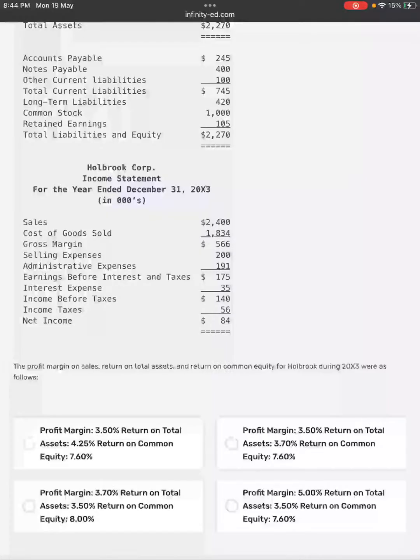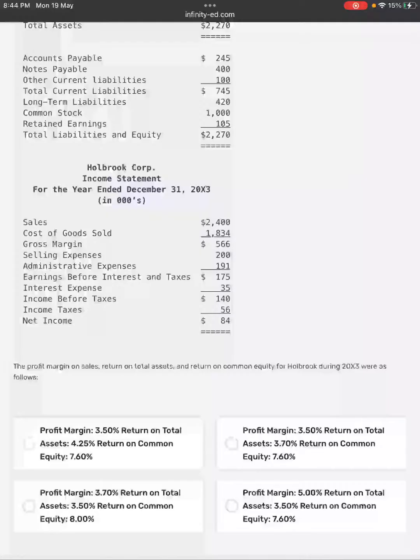And return on common equity means net income after payment of preferred dividend, divided by the number of shares outstanding. Okay, that will be the formula. These are the three we have to calculate here.